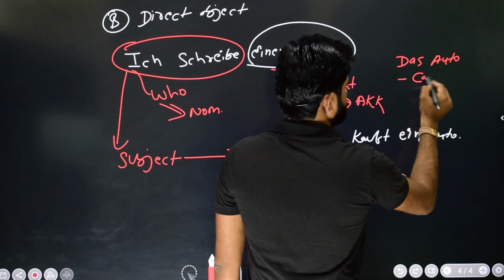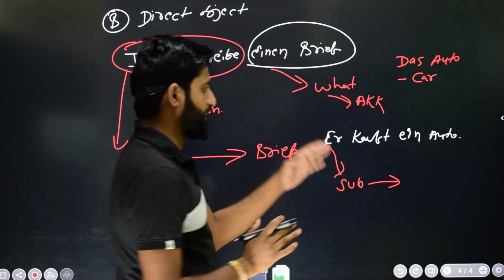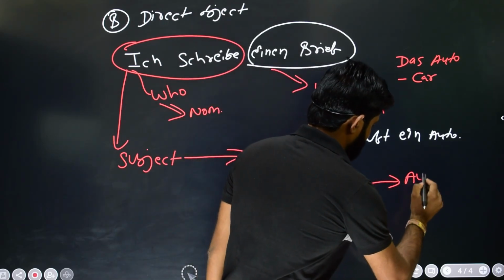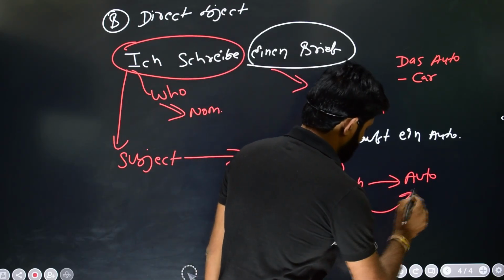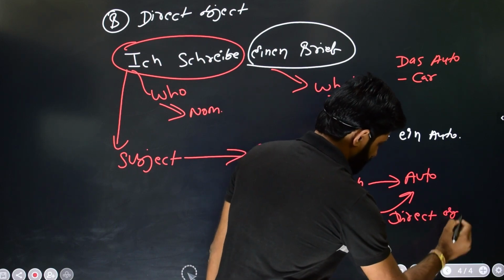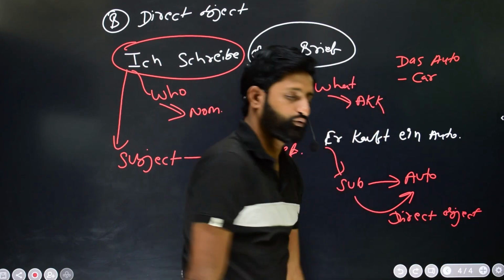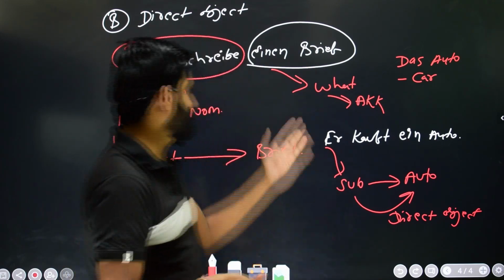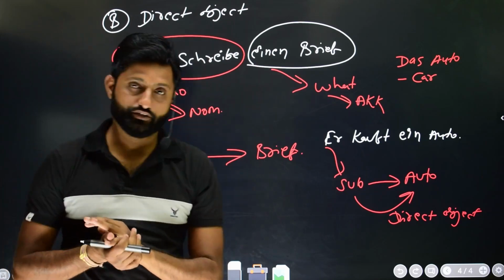Das Auto means car. So for Er, Auto is a direct object. So what is the second way to identify the nominative and accusative part? That is with the help of direct object.